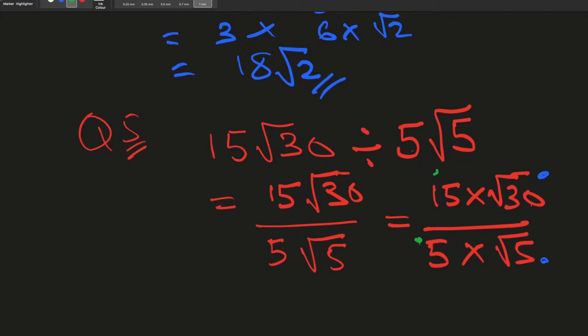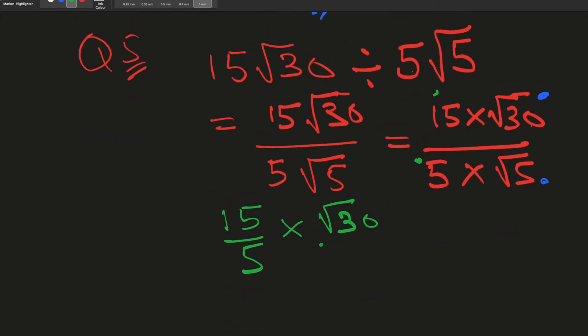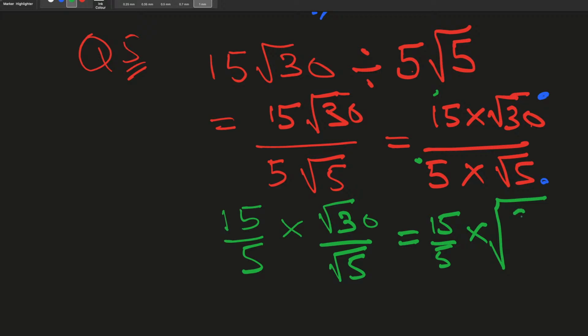So therefore we can say that 15 over 5 is multiplying the square root of 30 all over the square root of 5.